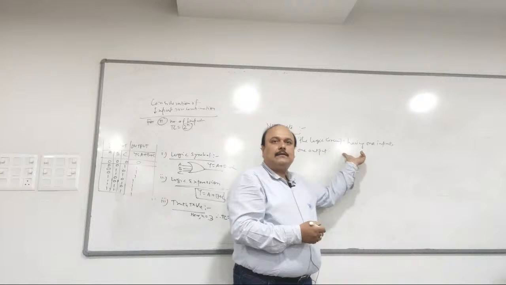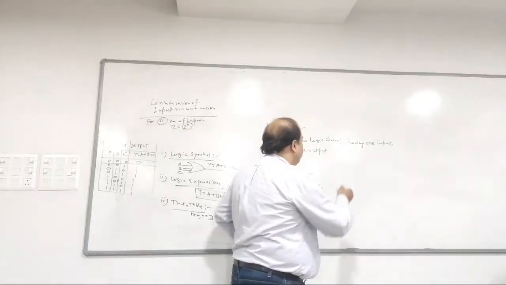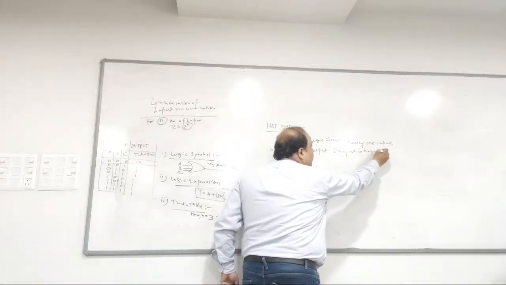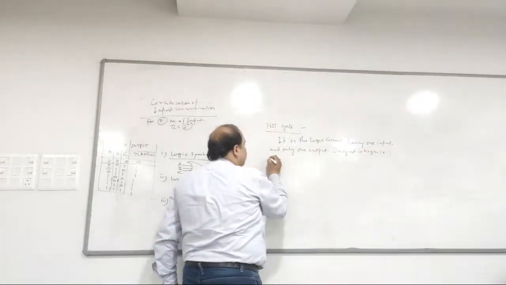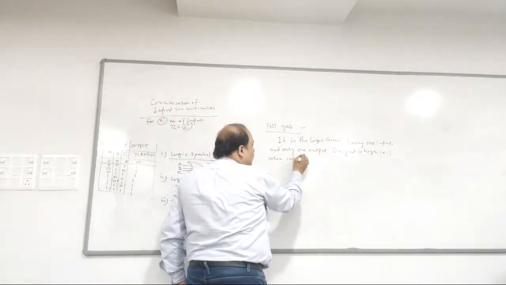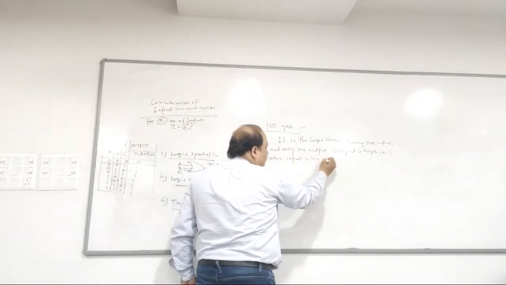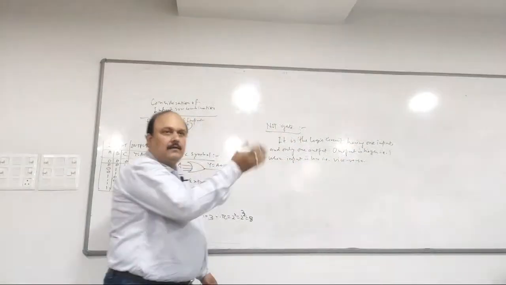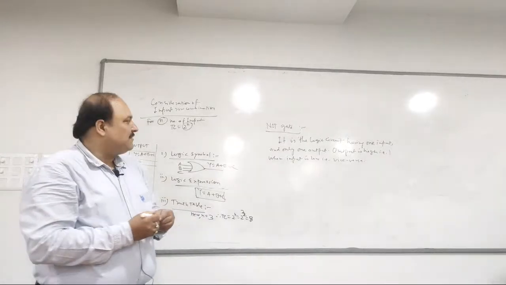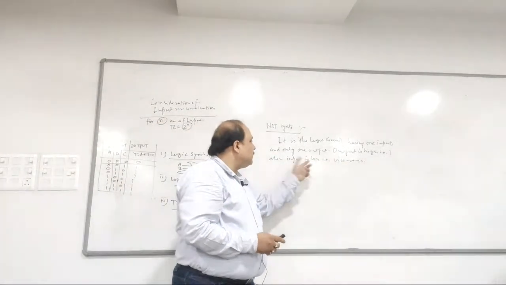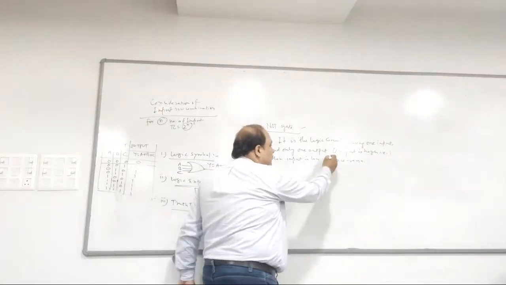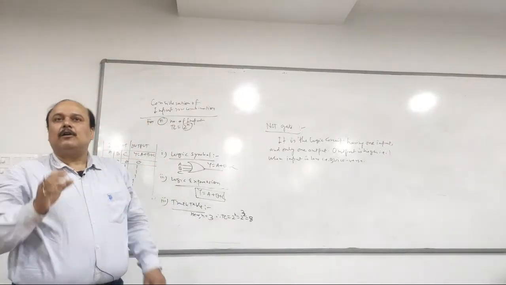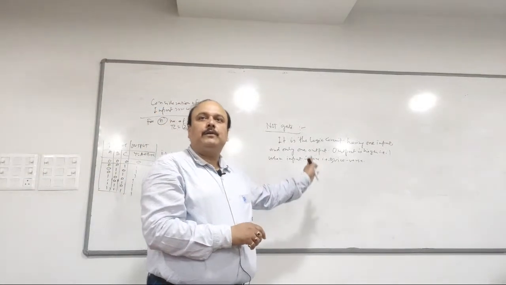So what is the output conclusion for this? That means the reverse process will be the same. The output is high, that is 1, when the input is low, that is 0, and vice versa. That means the output is low, that is 0, when the input is high.